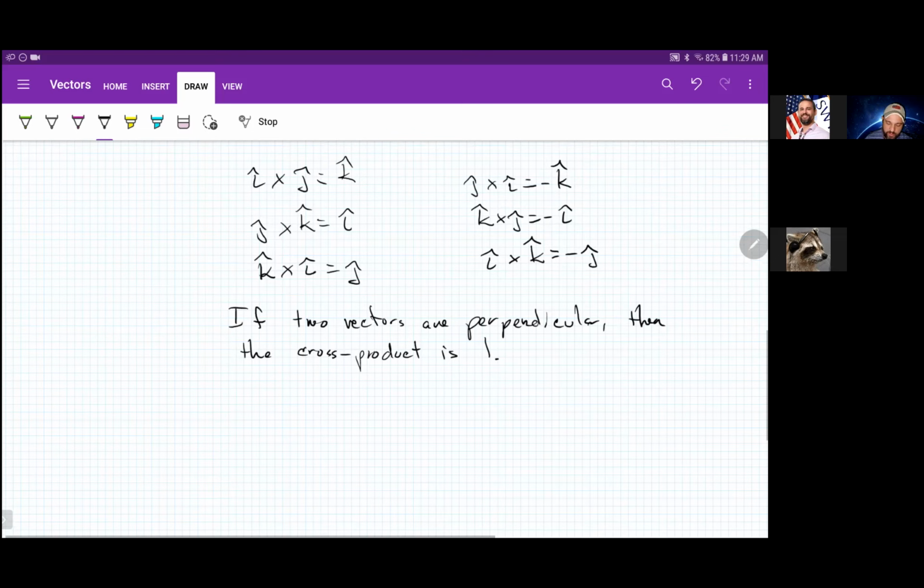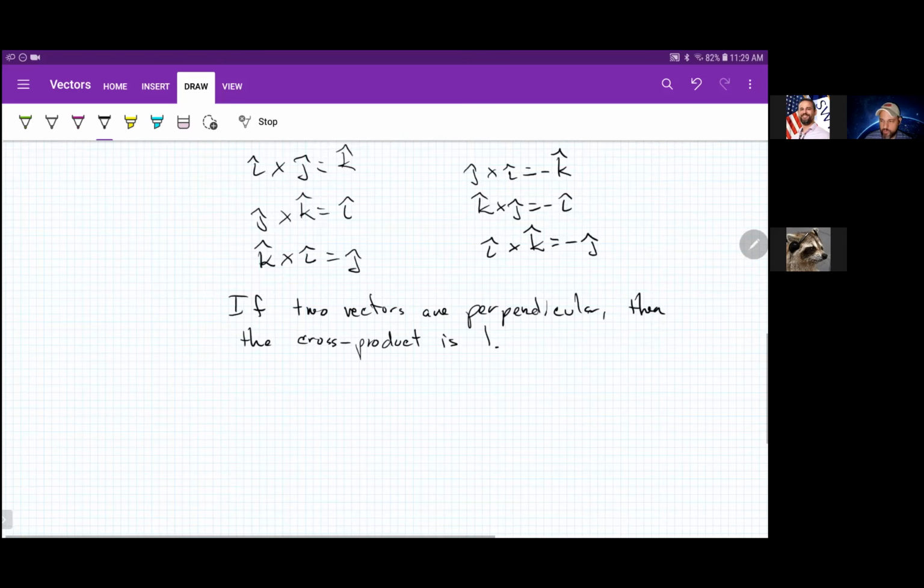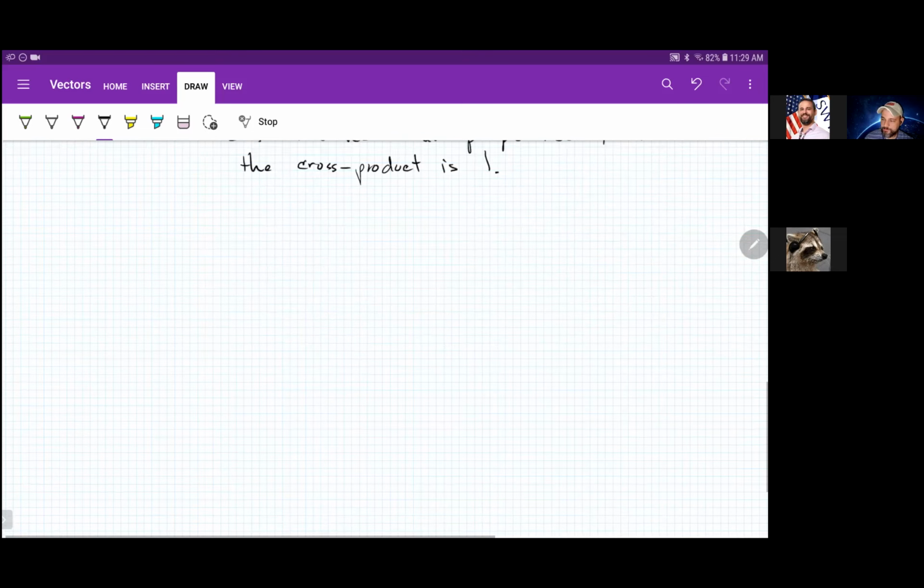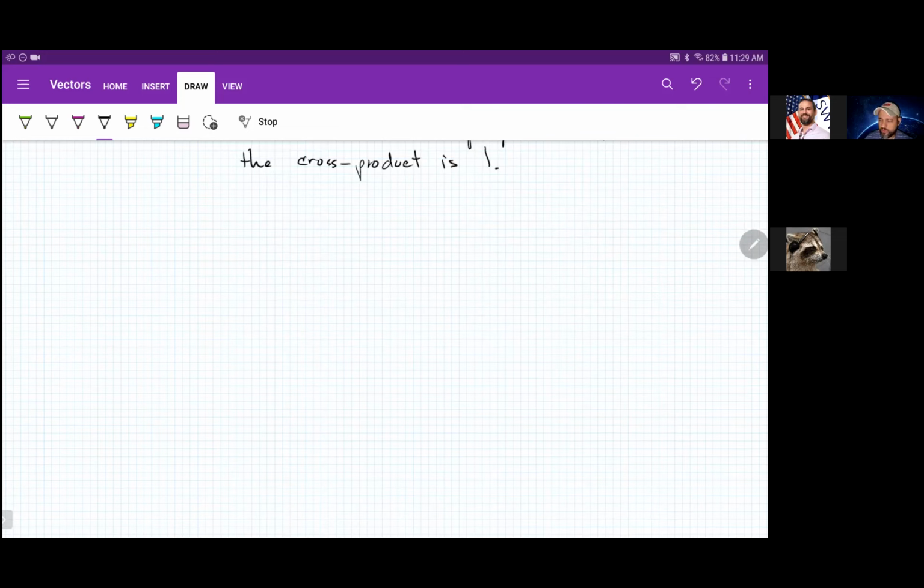Then just as with the dot product, we had two equations that we could use to solve for the dot product. We had one in terms of cosine theta and the other one in terms of the magnitudes of the components of the two vectors. We have the same thing here, but we have to use a slightly different method. So what we need to do for the cross product here is we need to use what's called the determinant method.